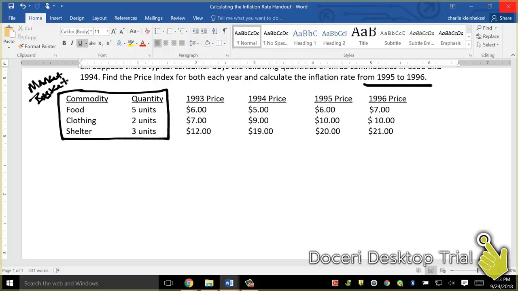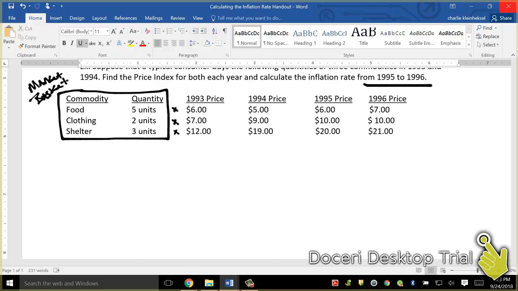Now, for part 2, we need to add the market basket value. So all I need to do is take the quantity and multiply quantity times the price for each year. 5 times 6, 2 times 7, 3 times 12.